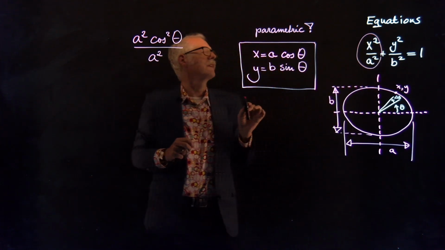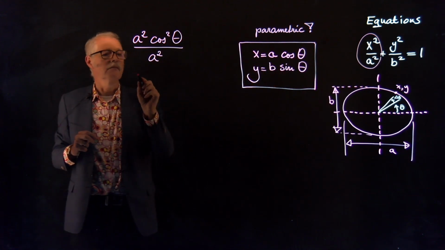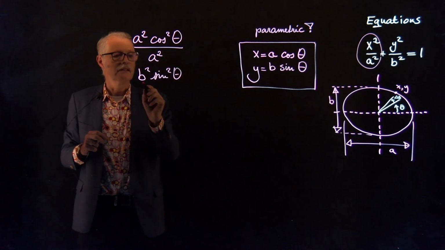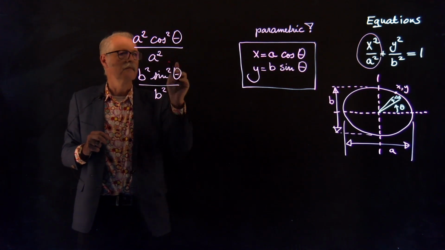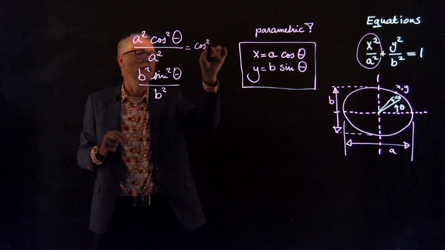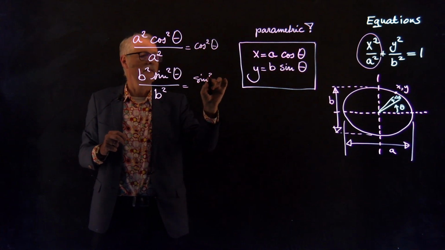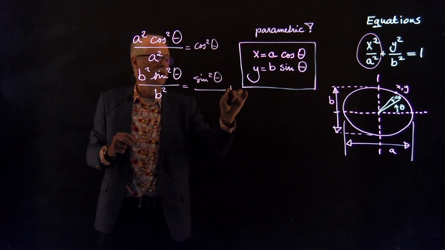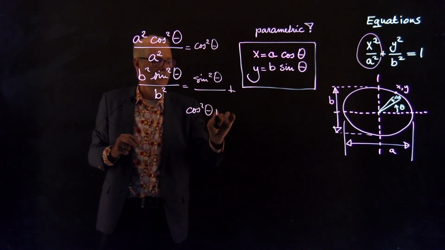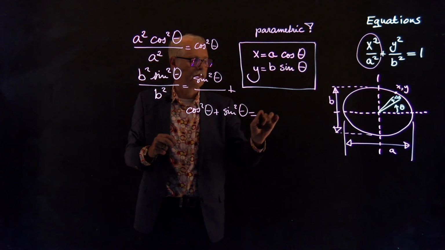We can also calculate y squared divided by b squared, so then we get b squared sine squared theta divided by b squared. Of course, you see that the squares cancel out, so here we have cosine squared, here we have sine squared. If we add them up, we get cosine squared theta plus sine squared theta equals 1.